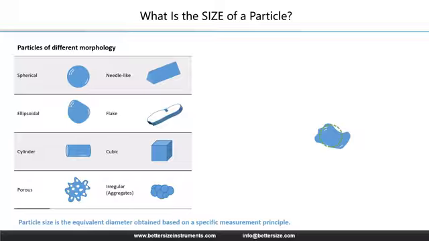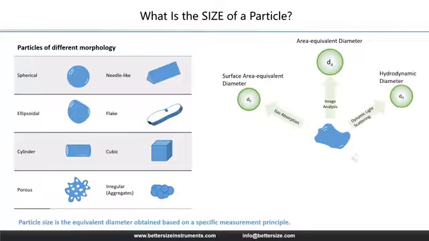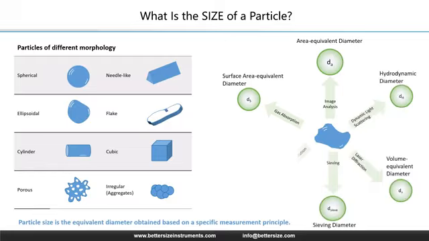This brings us to the most important concept in our industry: equivalent diameter. Look at the diagram on the right. To measure an irregular particle, we must compare it to a perfect sphere that behaves the same way. If we measure how fast it settles, we get a sedimentation diameter. If we measure how it passes through a mesh, we get a sieving diameter.